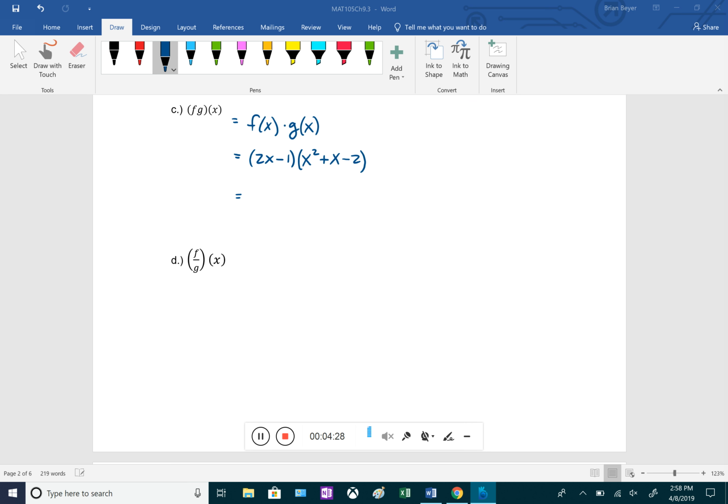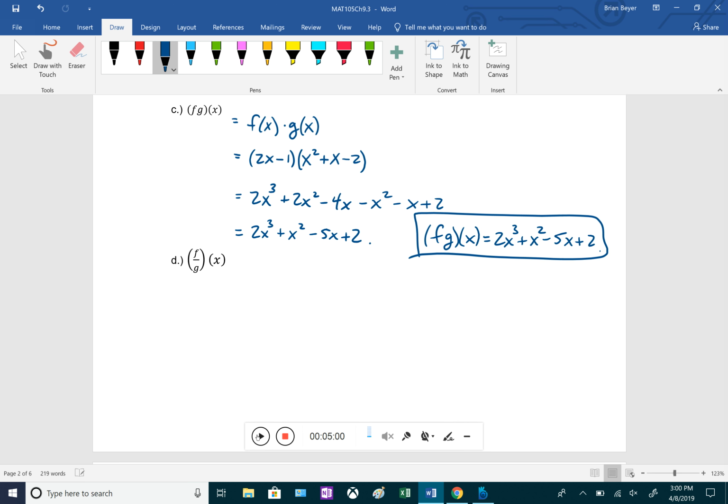Multiplying the 2x through first, we're going to get 2x cubed plus 2x squared minus 4x. Now distributing the negative 1, that's negative x squared minus x plus 2. And now combining like terms, we're going to get 2x cubed plus x squared minus 5x plus 2. And that is our answer for f times g of x.